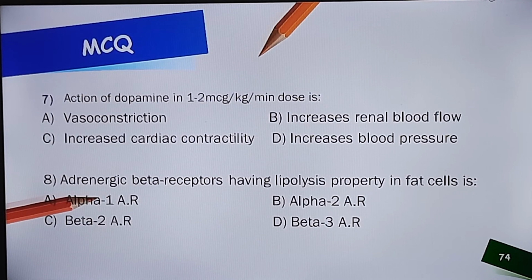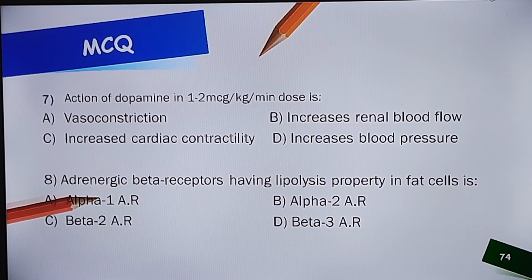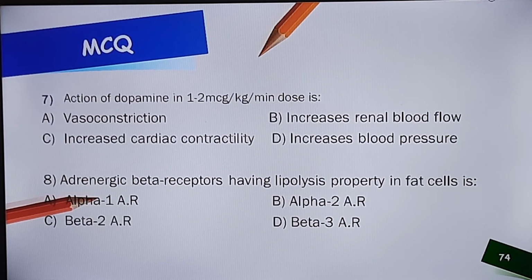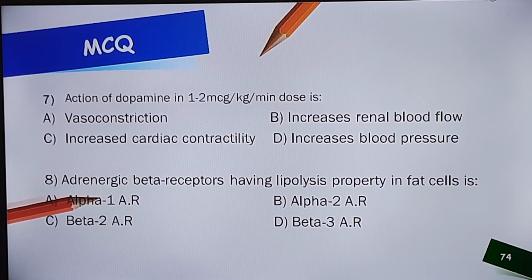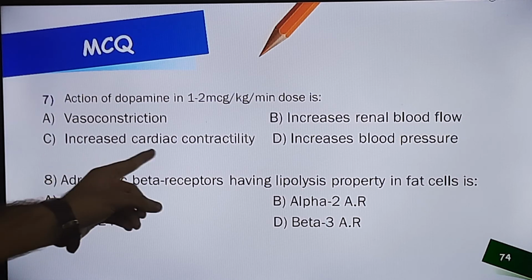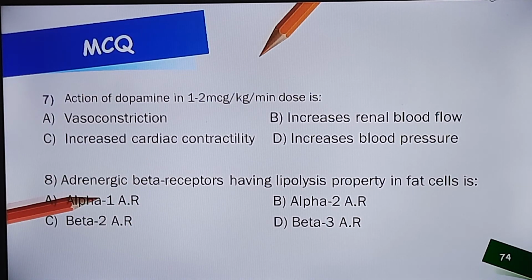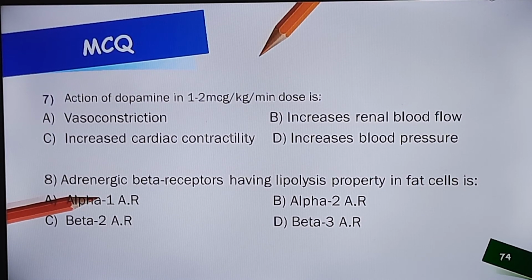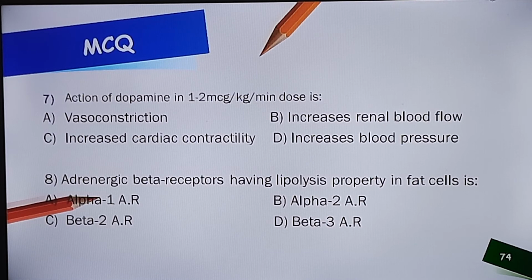When we give dopamine in moderate dosage, it acts on our beta 1 adrenergic receptor, and beta 1 को जब हम stimulate करेंगे it will increase the contractility. So by giving dopamine in low dose it can stimulate D1 receptor. In moderate dosage it can stimulate beta 1 adrenergic receptor, and in high dosage it can also stimulate alpha 1 adrenergic receptor.